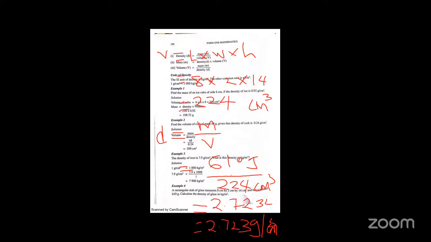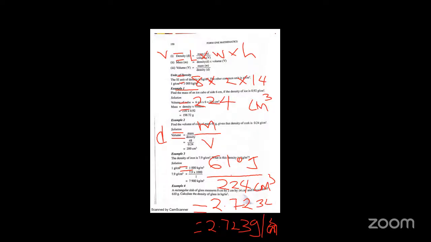This is the first one, whereby once you get your answer in grams per cubic centimeter, you can change using the units that we said, the one that is provided at the top here, whereby 1 gram per centimeter cubic is equivalent to 1,000 kilograms per meter cubic.